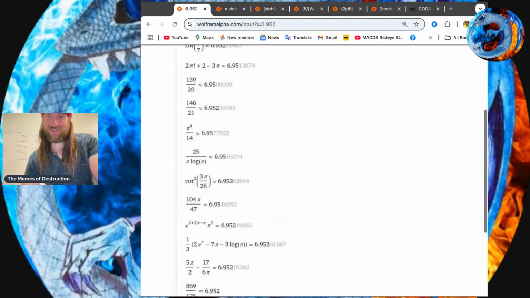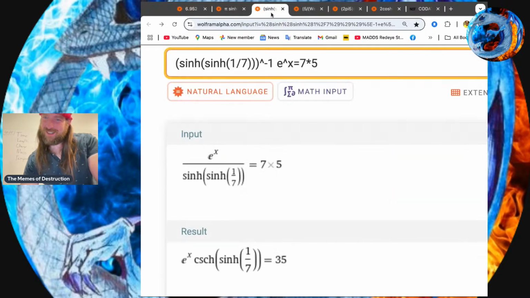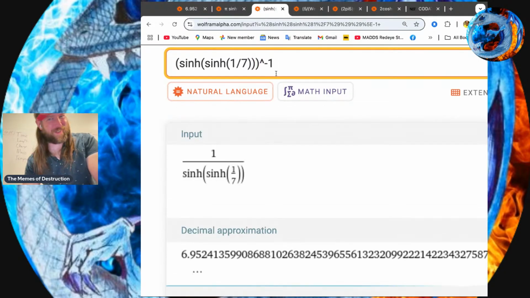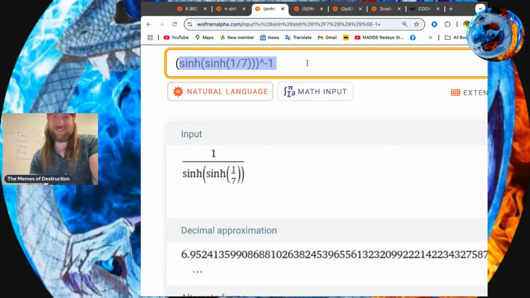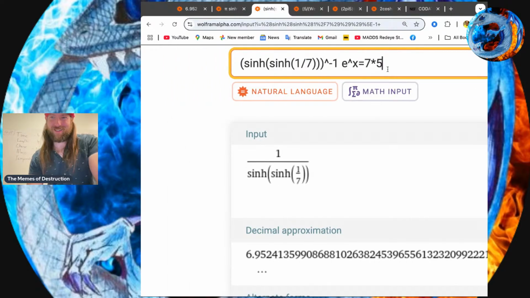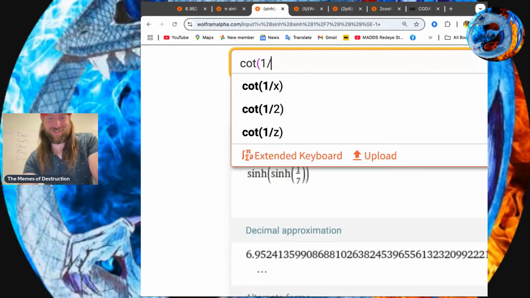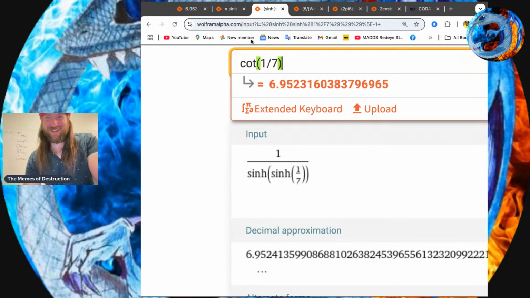Yeah, it's the same thing. It's just a -1. How dare I not make it inverse? Such a noob. But we can just do cotangent of 1/7. Why? Because that's easier and shorter, and I can remember that.